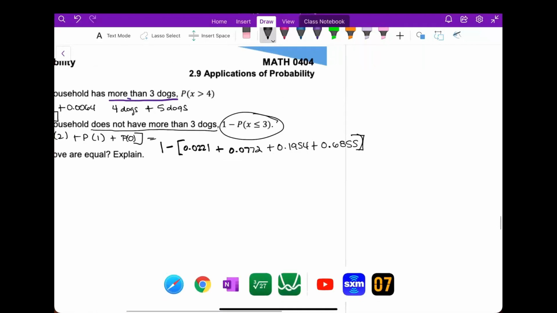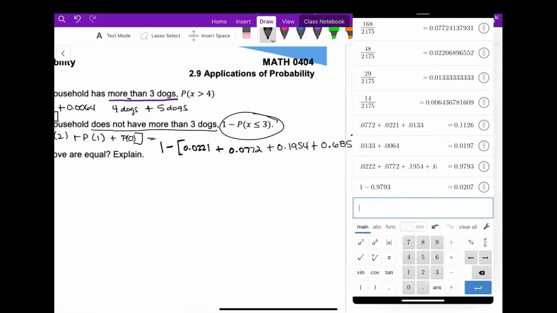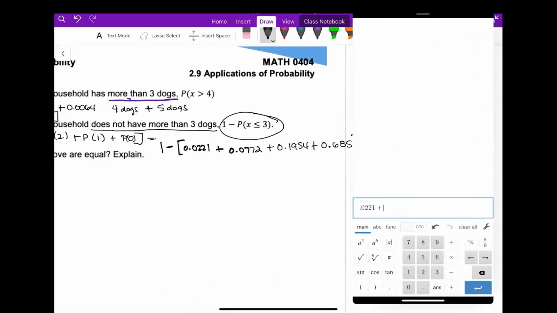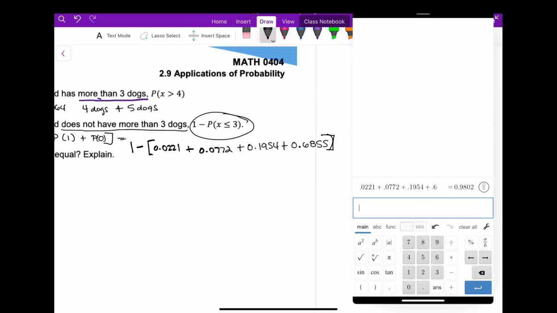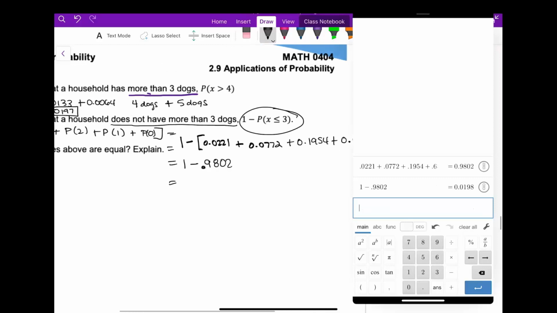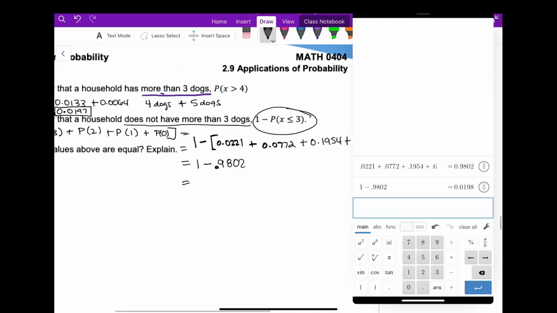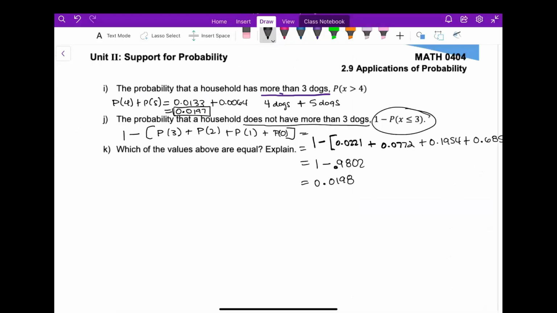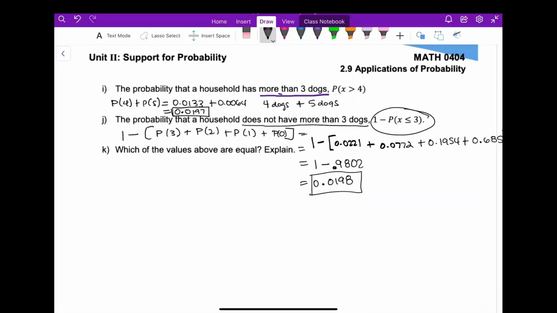Let's put these together. And last up, let's subtract. And we are all done there.